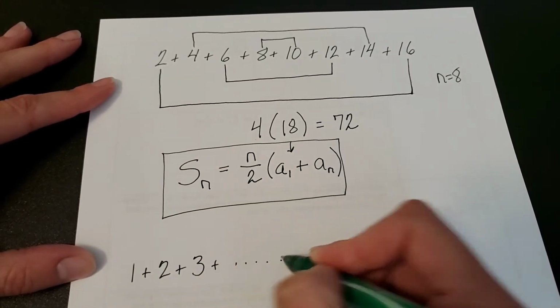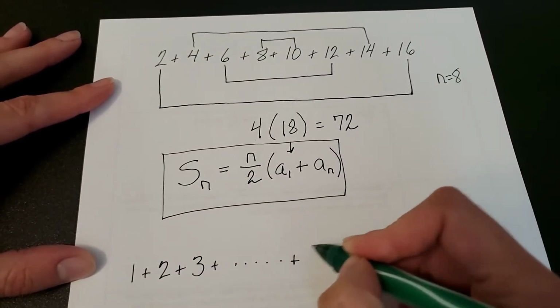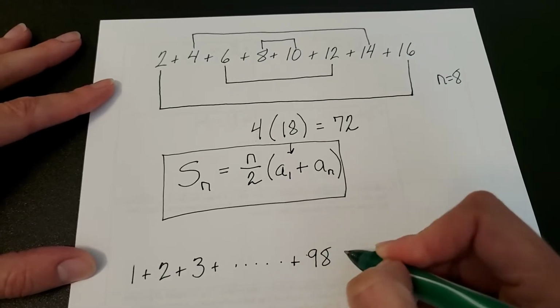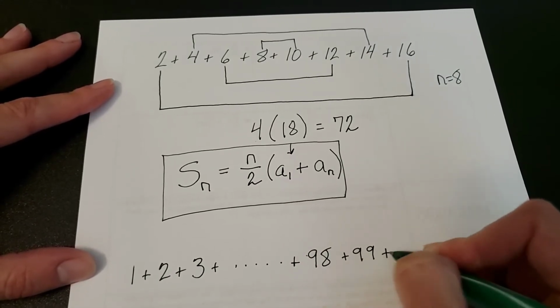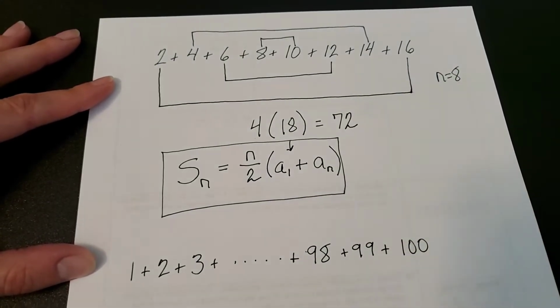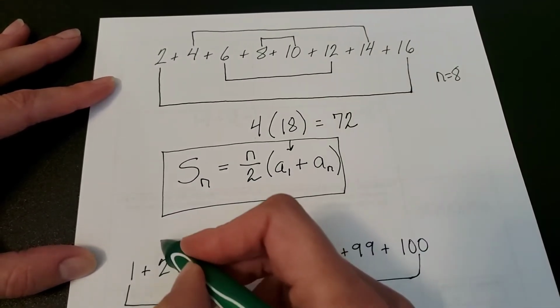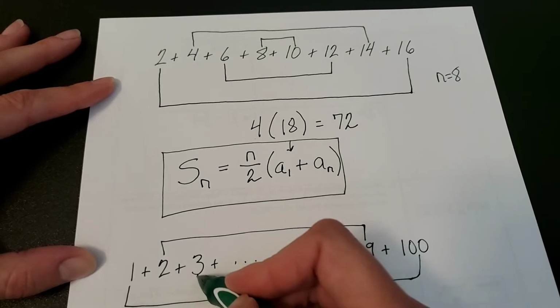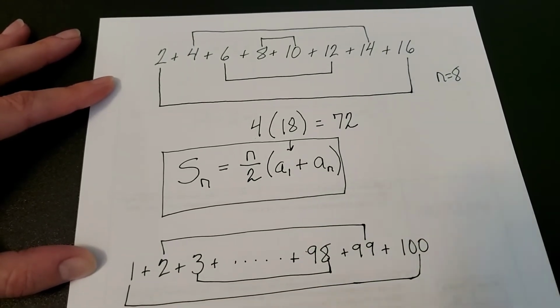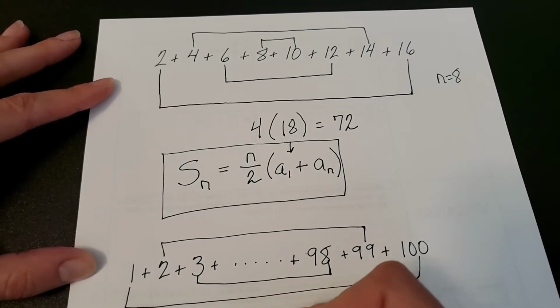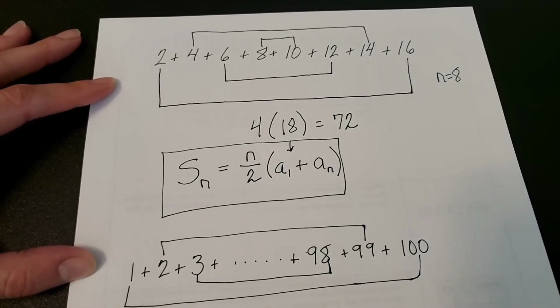He knew that there were some numbers in between, and then it would be 98 plus 99 plus 100, and he used that same thinking. There's 101, there's 101, there's 101, so there would be 101, and how many pairs?